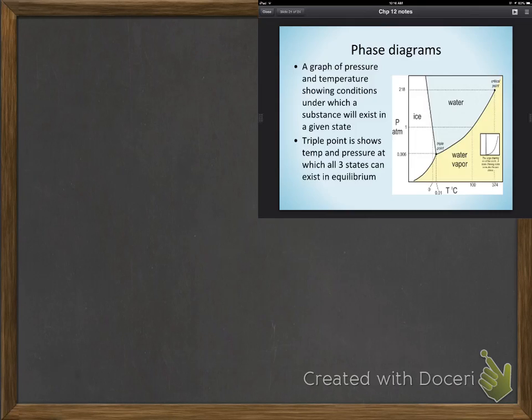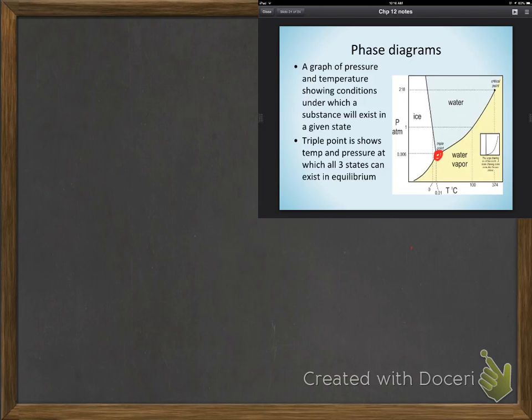I want to talk about equilibrium, or the triple point, which is right there. And the triple point is where all of those lines meet. The triple point is a really unique condition because it is the temperature and pressure conditions under which you can have all three phases of that substance in equilibrium.